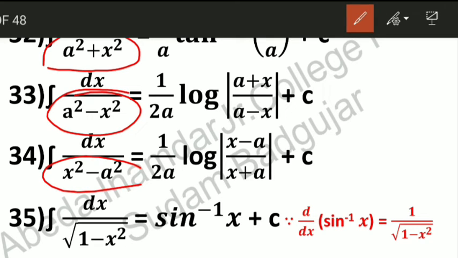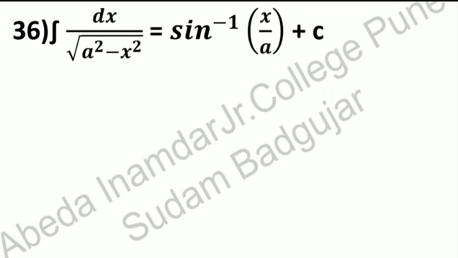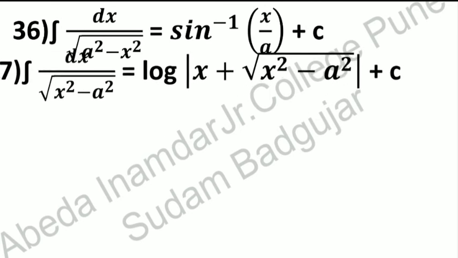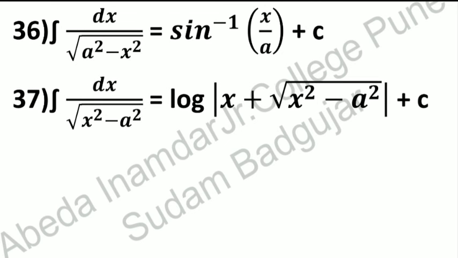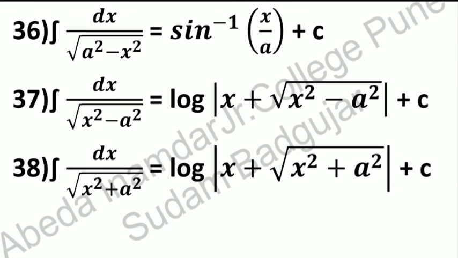If the denominator polynomial is in under root form, we need the standard formulas. So again we get three results: formula number 36, the integration of dx upon under root of a square minus x square; 37, the integration of dx upon under root of x square minus a square; and the integration of dx upon under root of x square plus a square.